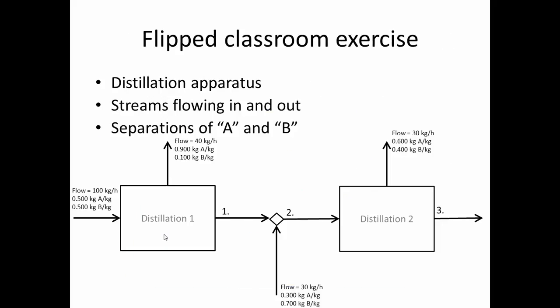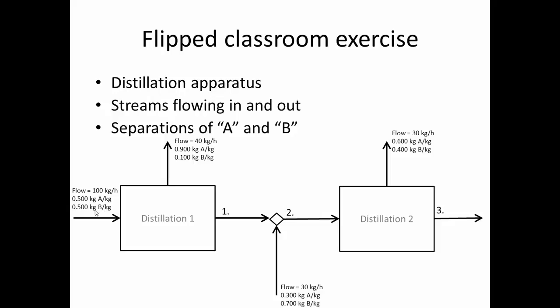So what are we going to do in our group exercise, our flipped classroom exercise? You will look at a mock distillation apparatus, or two distillation apparatuses, that have streams flowing into and out of them, and you've got a little mixing point right here where an extra inflow is coming in. And you're looking to separate component A and component B. And these flows are a certain amount A and a certain amount B, and that's it.